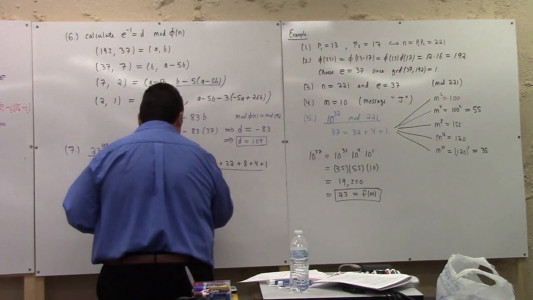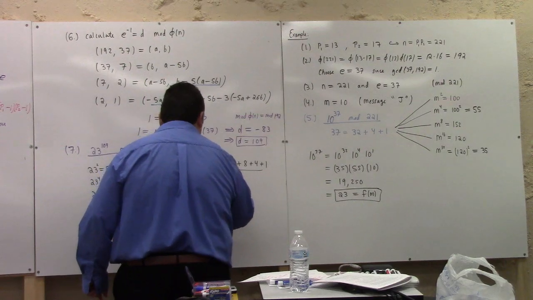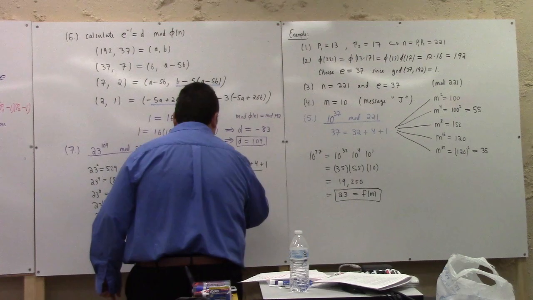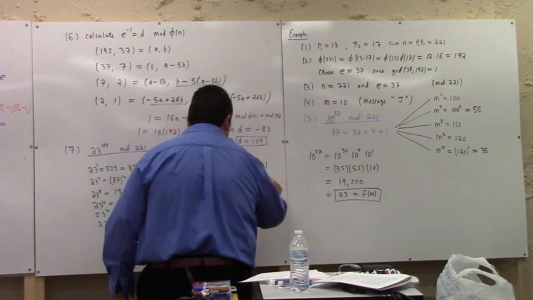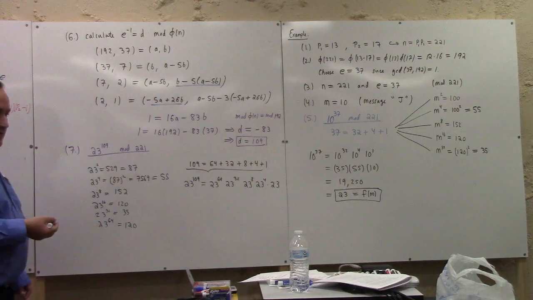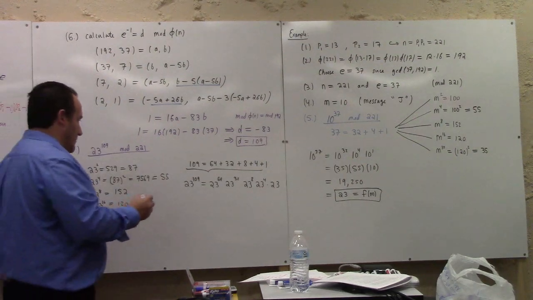So 23 to the 109 is going to be 23 to the 64 times 23 to the 32 times 23 to the 8th times 23 to the 4th times 23 by laws of exponents. But you've already calculated those mod 221, so you just put them into practice.